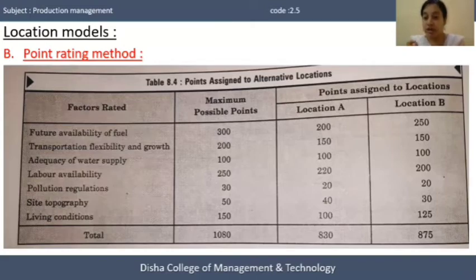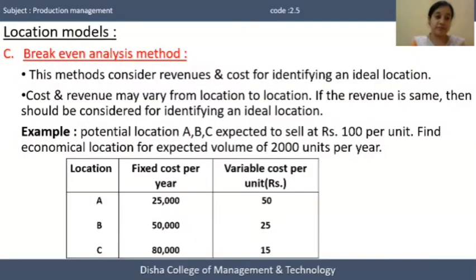So he concludes that location B having the highest points as compared to location A is superior to location A. So he concludes that he has to select location B for installing his plant. This is all about the point rating method or point rating model.